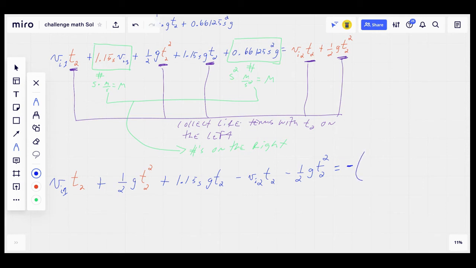So when I take 1.15 seconds times V initial 1 to the other side, it'll be negative. And when I take 0.66125 seconds squared times gravity to the other side, it'll be negative.